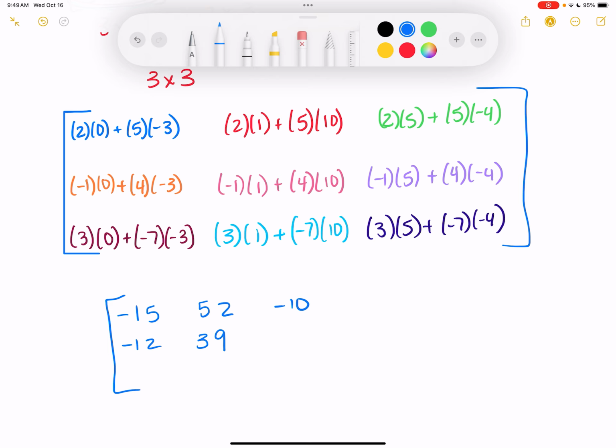Negative 5 minus 16, negative 21. 0 plus 21 is 21. 3 minus 70, negative 67. And 15 plus 28, 43. And that would be your answer.